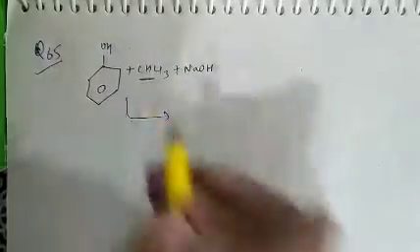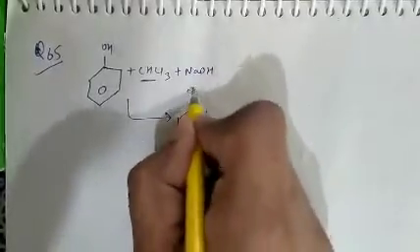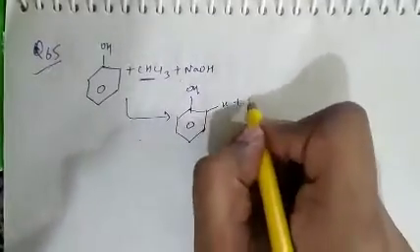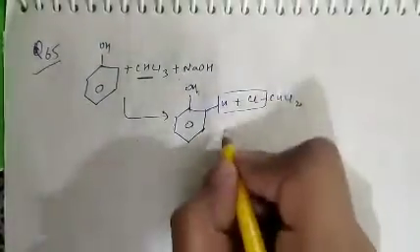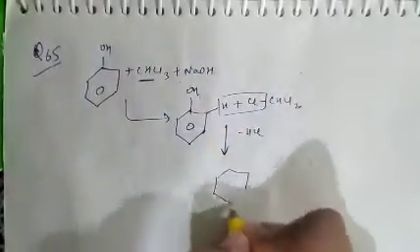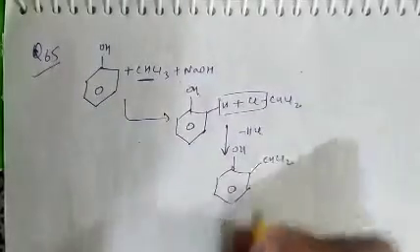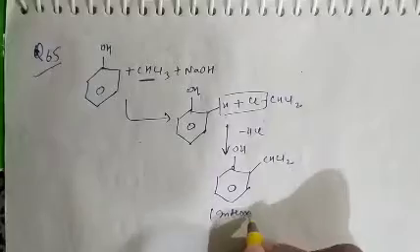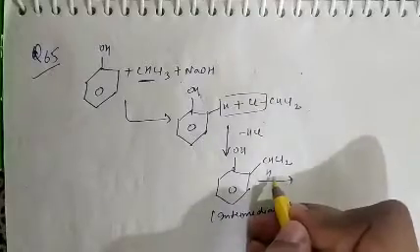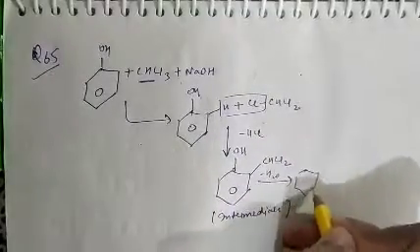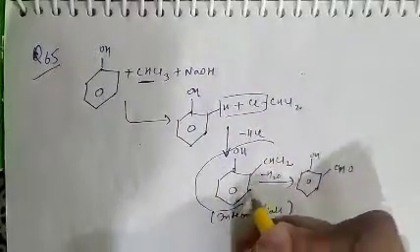So CHCl2 will be placed at this position, as phenol H combines with Cl and CCl2. So HCl will be removed. When HCl is removed, it forms OH and CHCl2. So basically this is the intermediate. Now after hydrolysis it forms salicylaldehyde. So this is the intermediate form in the reaction.